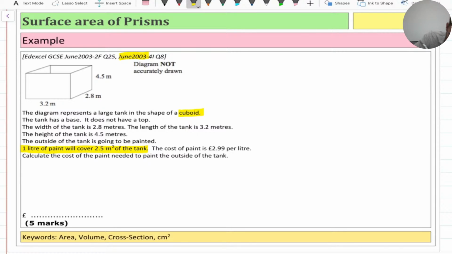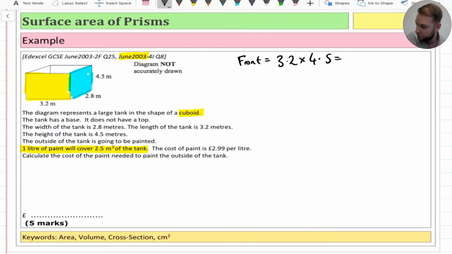So what we need to do here is find the front and times by 2. We need to do the side and times by 2, but we also need the bottom. However, we're not timesing that one by 2 because there's no top on this. So the front is going to be equal to 3.2 times 4.5, which is equal to 14.4 meters squared.